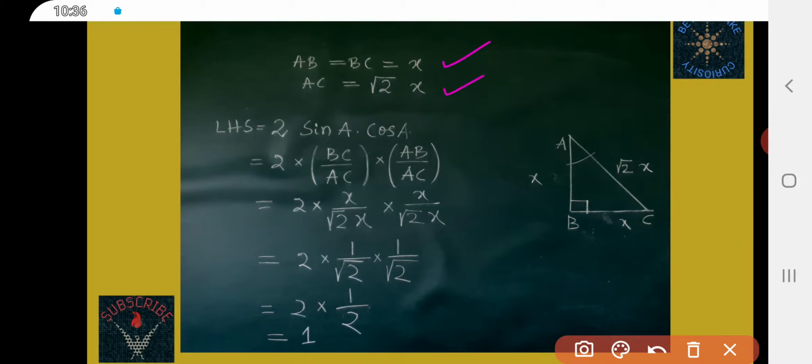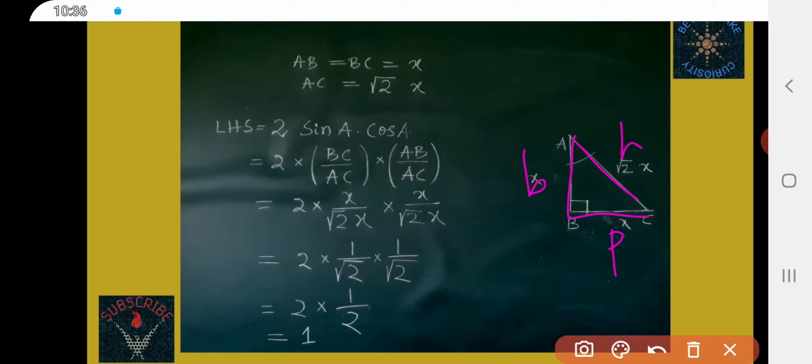Now we take LHS, that is 2 into sin A into cos A, and we have to show this is equal to 1. Okay. So here you see sin A. In triangle ABC, P is BC, B is AB, and H is AC.